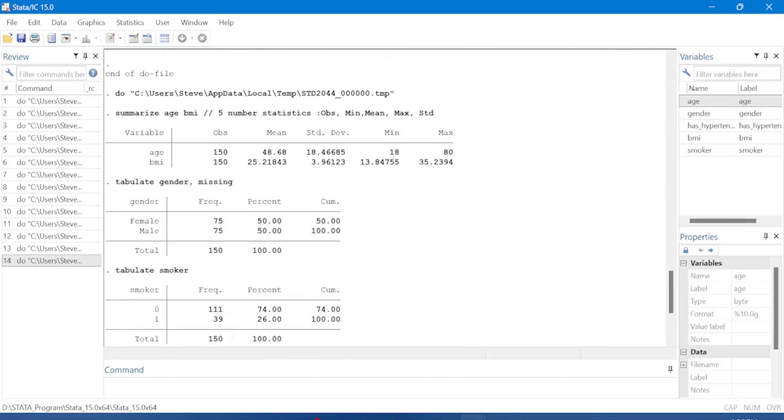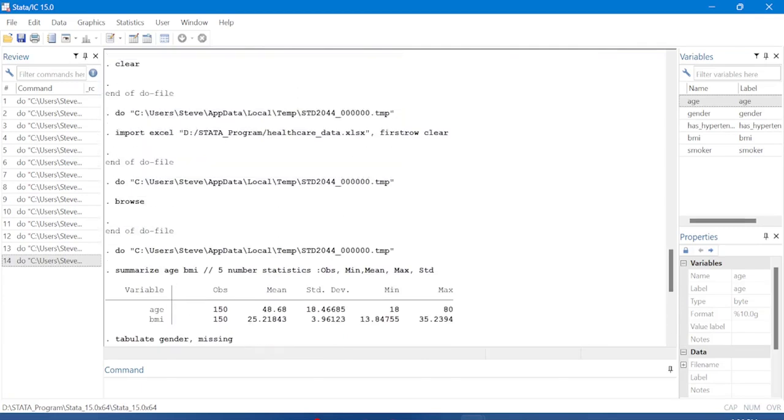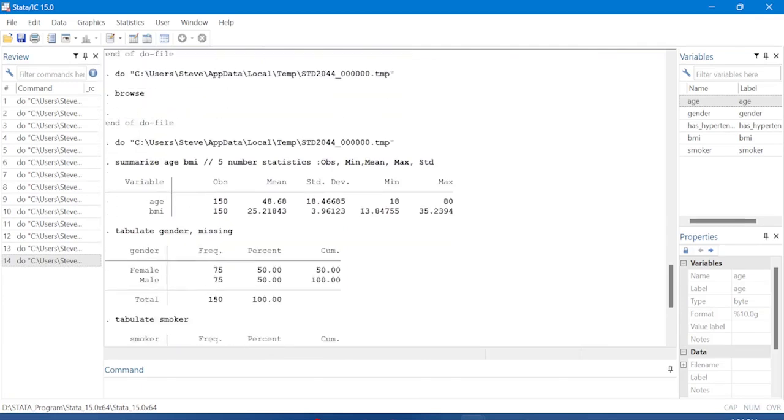So I executed that at once, and let us start with BMI and age. This is the table. The dataset contains 150 observations, and the average age is 48, standard deviation 18, the youngest is 18 years, and the oldest is 80.